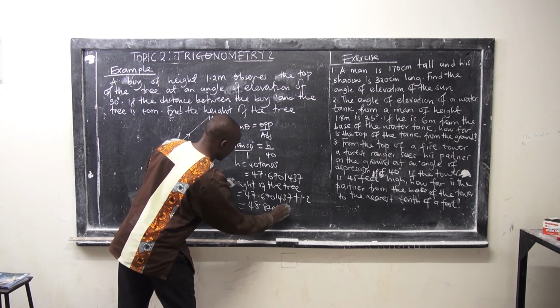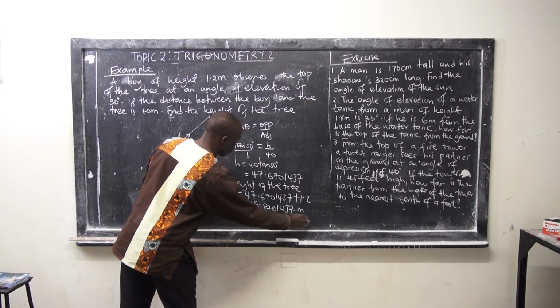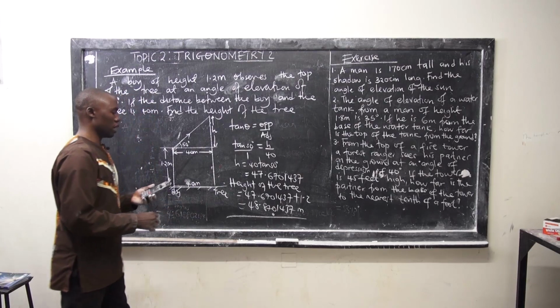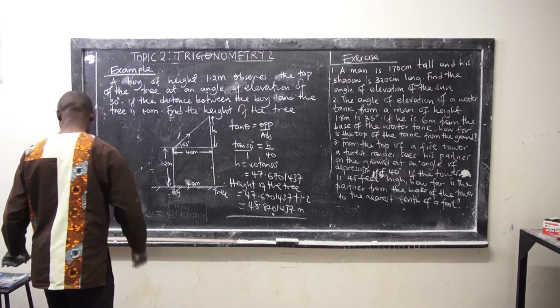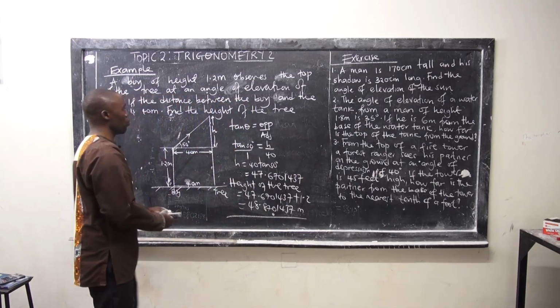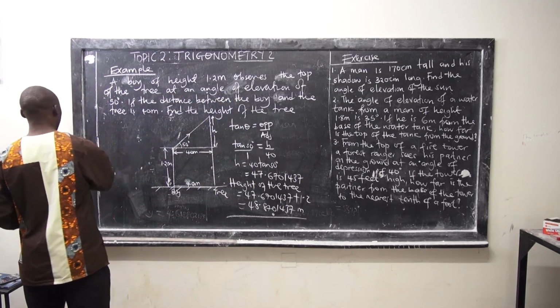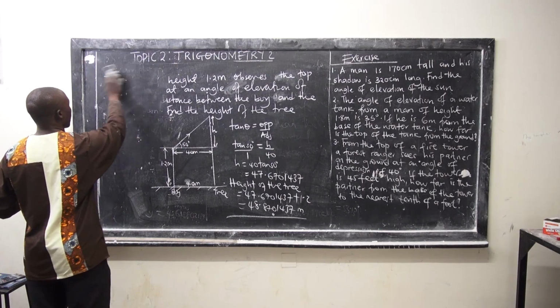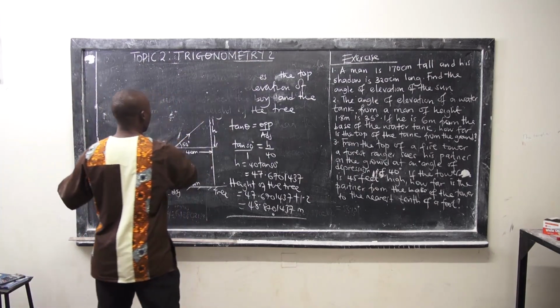From that you can now round off to a better decimal point. So you can have 48.87 meters. Now let's look at a question on angle of depression, example 2.